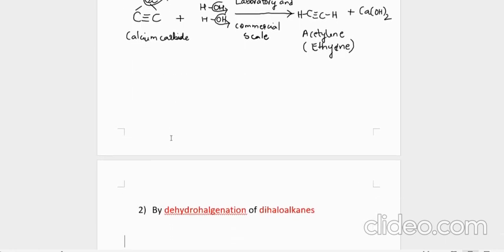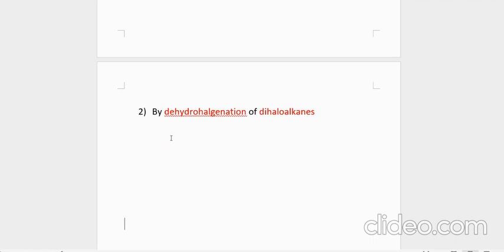Now we will go to the second reaction, that is by dehydrohalogenation of dihaloalkanes. Now this reaction, it is going to take place in two steps. So coming to step number 1. In this we are going to take our starting material, that is 1,2-dibromoethane.